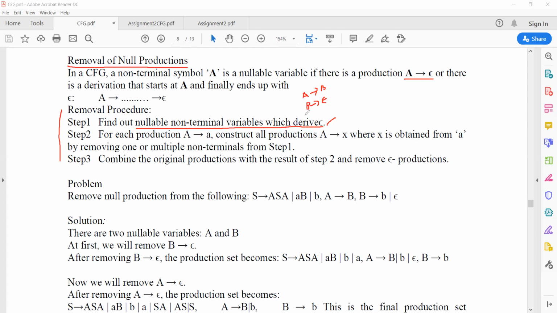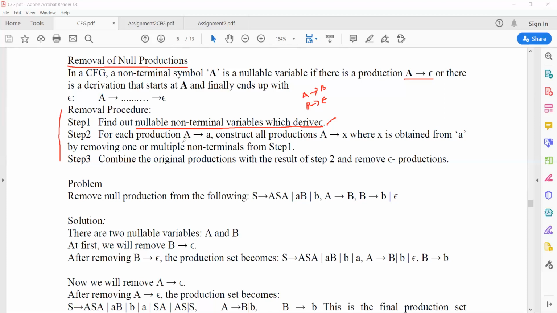That means by removing the unit production, you will get A produces null. So A can be derived as a nullable non-terminal, and that you have to remove from the grammar.